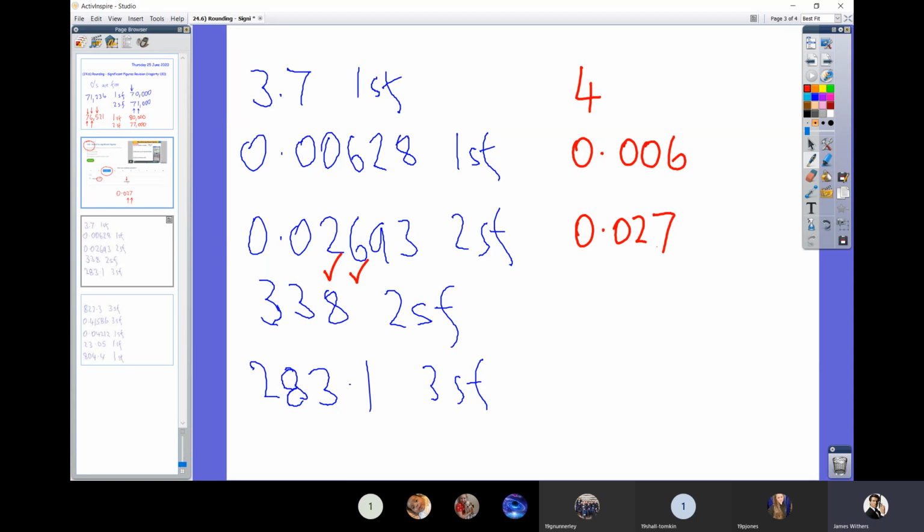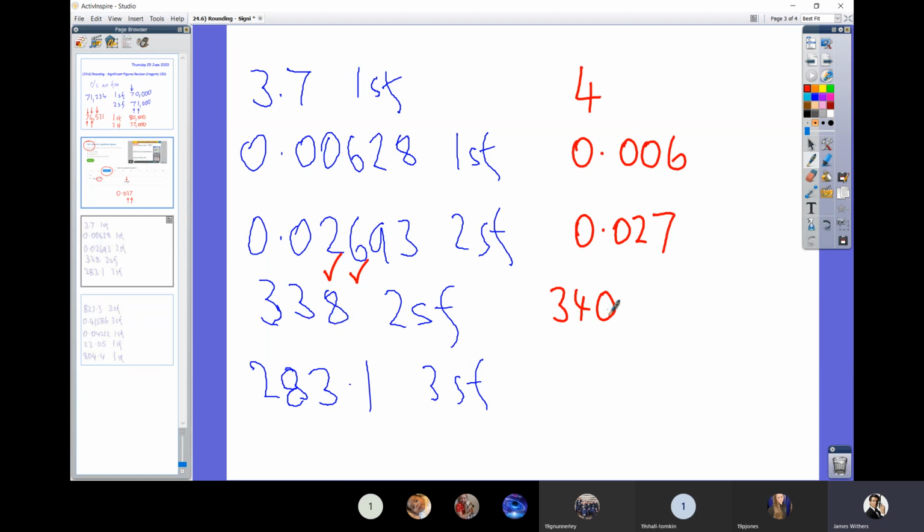What do you think this is going to be to two significant figures? 338 people go and watch a game of football. What's that to two significant figures? Only two numbers that are not zeros. So that's going to be 340. Okay, there's our first, there's our second. Do we round it up? Yes, we do.